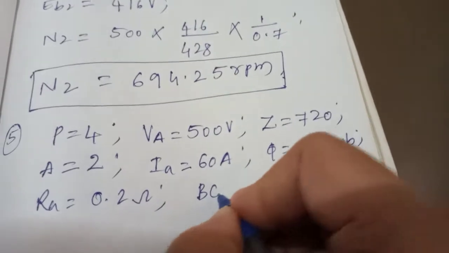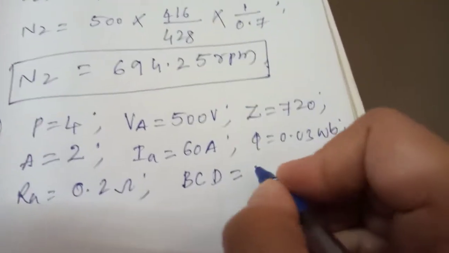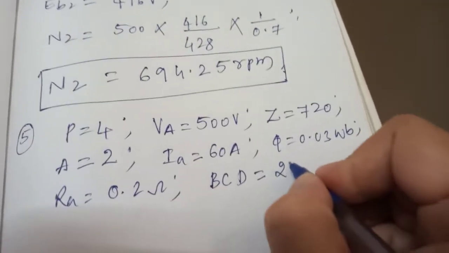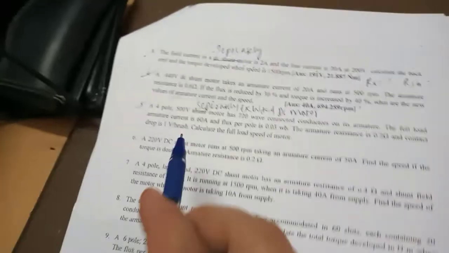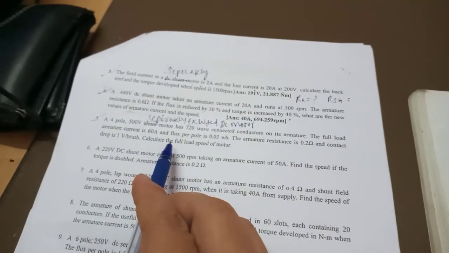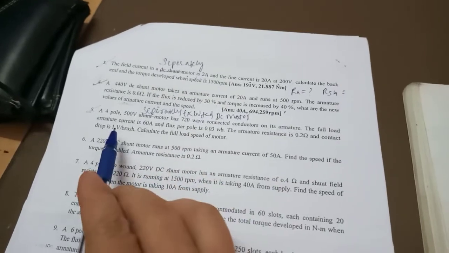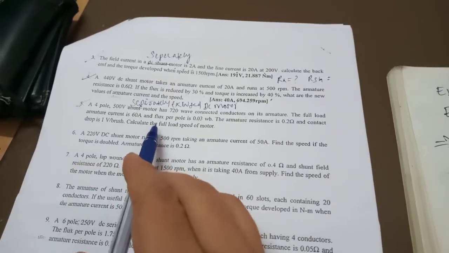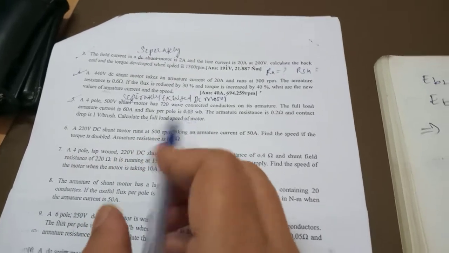So BCD, brush contact drop, is 1 volt per brush, assuming 2 brushes, 2 volts: one brush is for positive polarity and another brush for negative polarity. So the total brush contact drop is 2 volts. Calculate the full load speed of the motor.